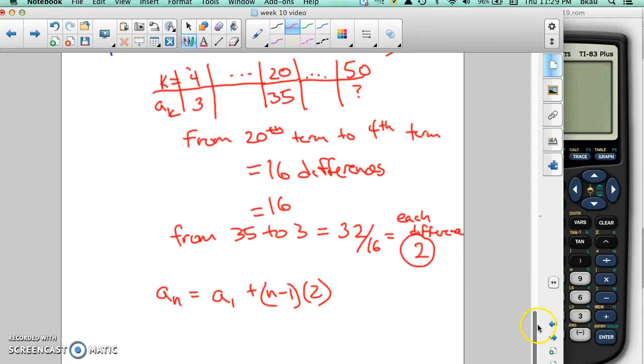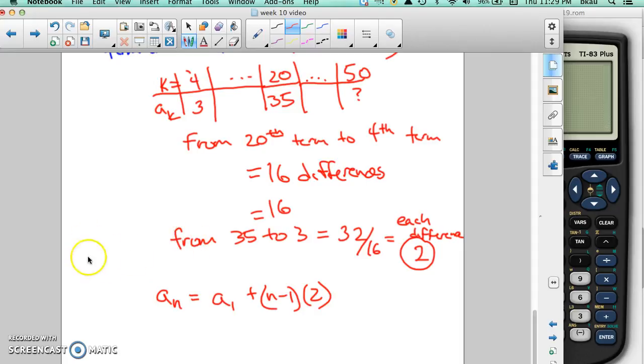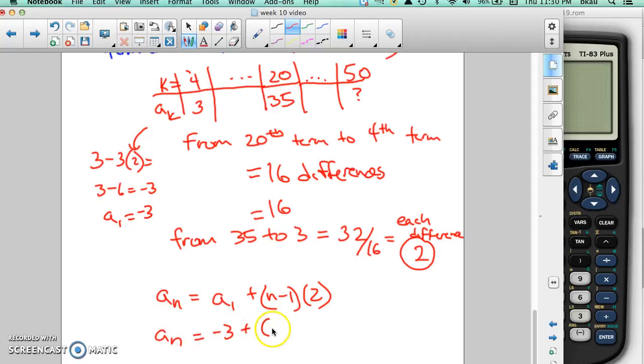So we're going to take our term here, which is 3, and we're going to subtract 3 terms of 2. So that's going to be 3 minus 6, which is negative 3. So we're saying that a sub 1 is negative 3. So that means my formula now is negative 3 plus n minus 1 times 2.